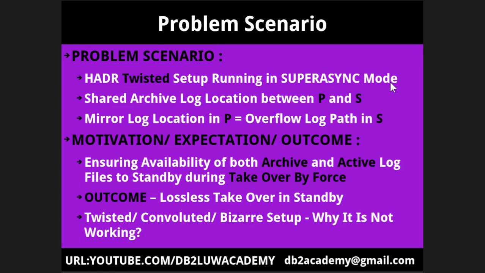That is really not a big twist, but what I've done is configure the mirror log location also as a shared NFS drive in the primary, and that same location is configured as the overflow log path. So you will not miss any log files, whether active or archive, from the standby perspective either, because it's the same shared location path.